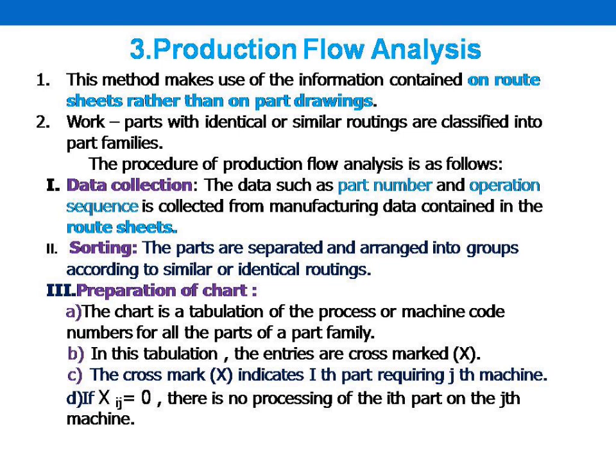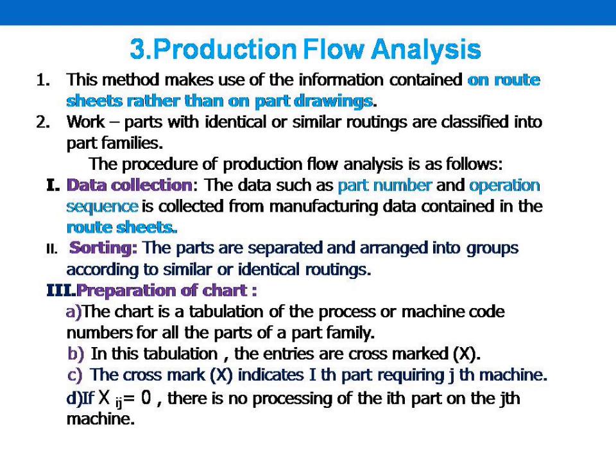Second step, sorting. In sorting, parts are separated and arranged into groups according to their similar or identical routing. First we collect the data, then we sort the parts into different groups. Then third is preparing the chart.